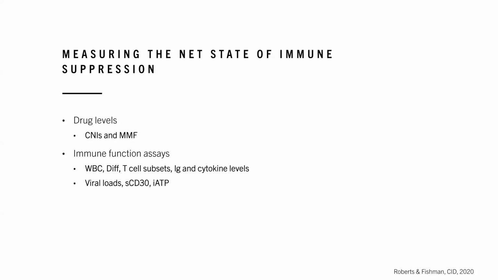There are other newer ways of looking at things like soluble CD30 or intracellular ATP, where low levels of intracellular ATP are associated with quite severe immune suppression and high susceptibility to infection. But these are research things coming along the pipeline that are not really accessible to us. You may also be able to look at particular immunoregulatory genes using a gene array, but this is where the field is going in the future.